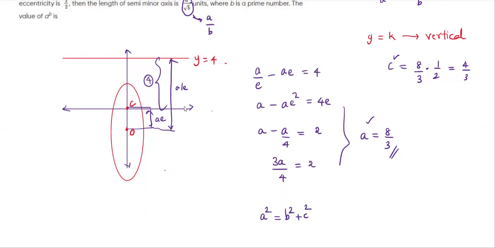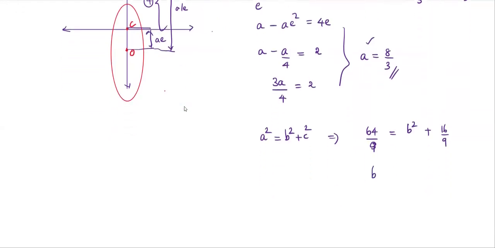You can just substitute the values. This implies a square, that is 64 by 9, is equal to b square, which we don't know, plus c square, which is 16 by 9. When you solve, you will get b square is equal to 64 minus 16, which is 48 by 9.